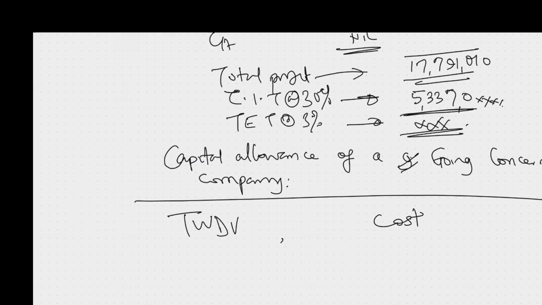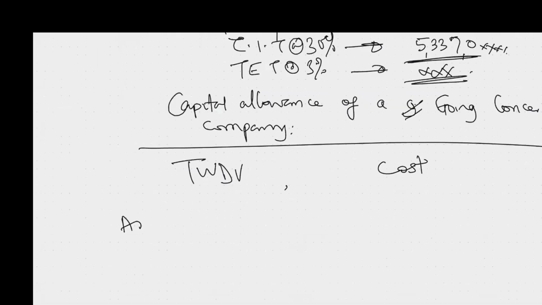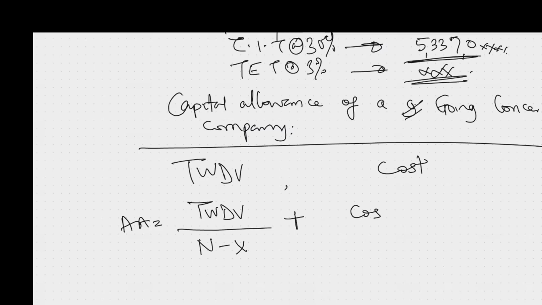When tax written down value is given, there won't be initial allowance, it's going to be only annual allowance. But how do you calculate the annual allowance where only tax written down value is given? So you have tax written down value divided by n minus x. If cost is given for that year, it is cost minus initial allowance, divided by n.